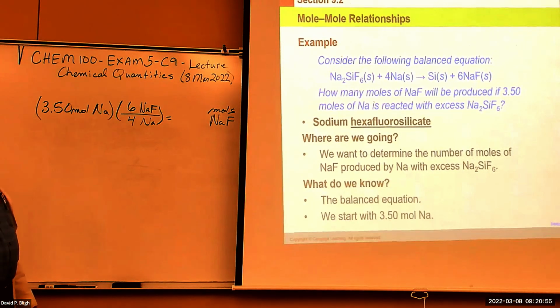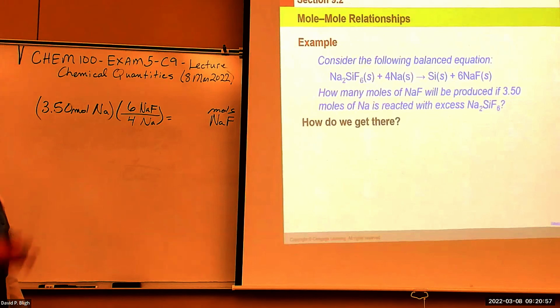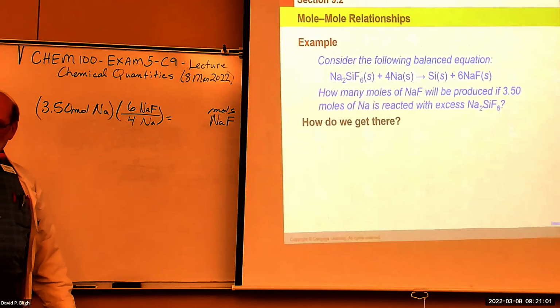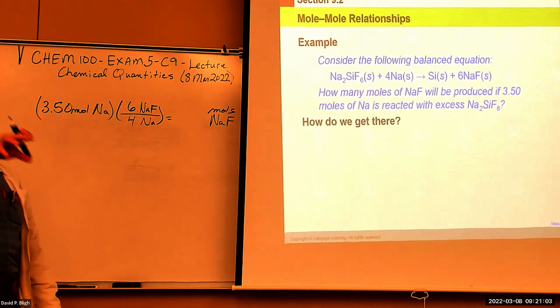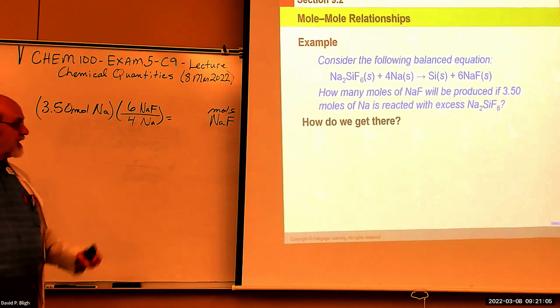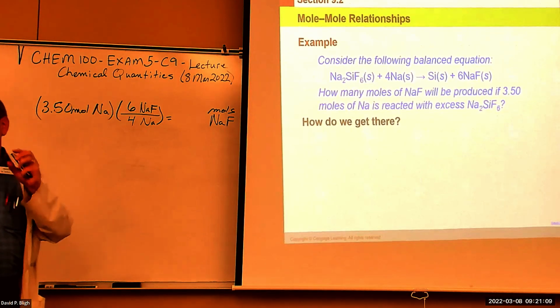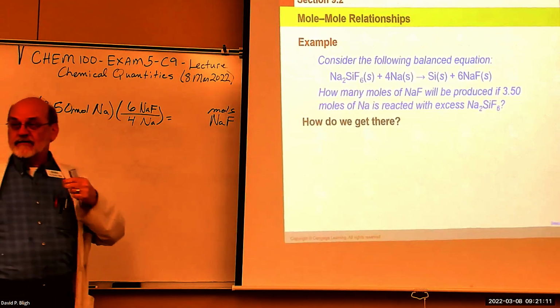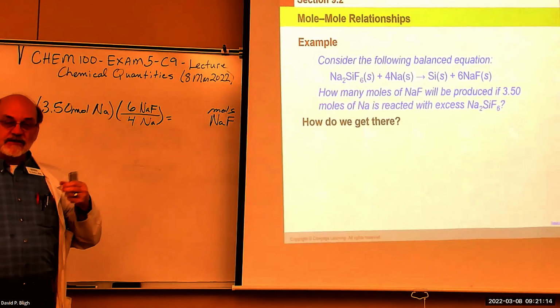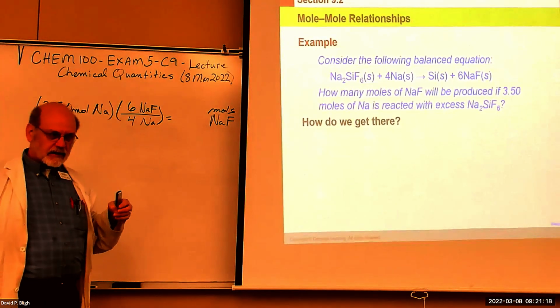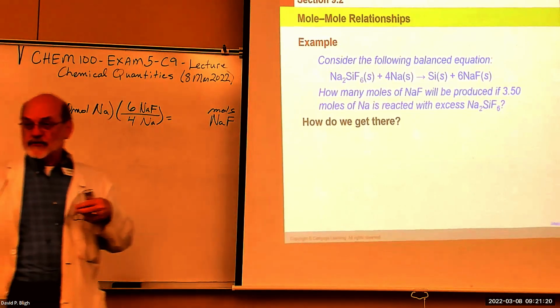Balanced equation, what we're starting with. This is a word problem. Word problems are best analyzed if you extract the information from the problem and put it in a form that's familiar. Word problems are meant to confuse. They give information, sometimes not enough, sometimes too much. And when they give too much, I call that blue smoke.